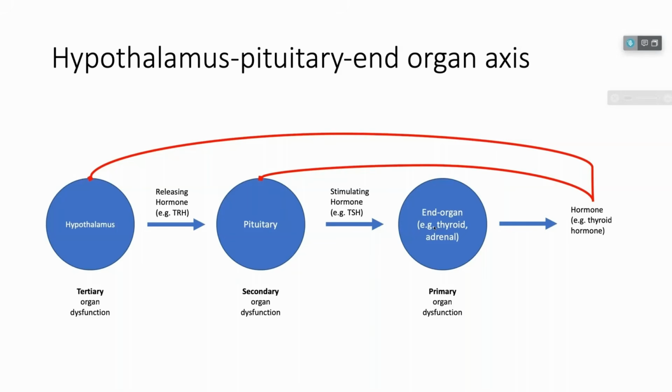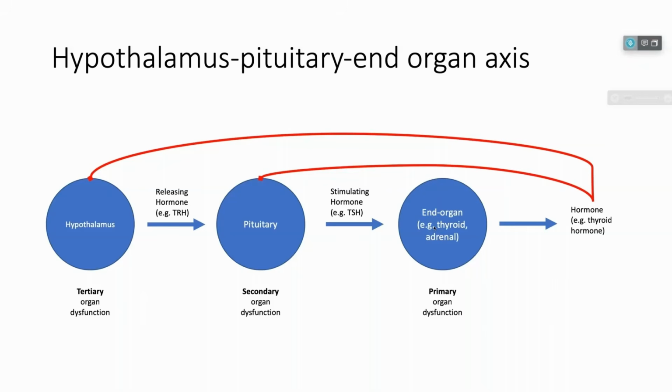Because it will suppress the pituitary and the hypothalamus. Well, the problem with hypothyroidism is I'm making too much or too little thyroid hormone? Too little. Great. So if I have less thyroid hormone, am I going to suppress my pituitary more or less? You'll suppress it less, to increase.